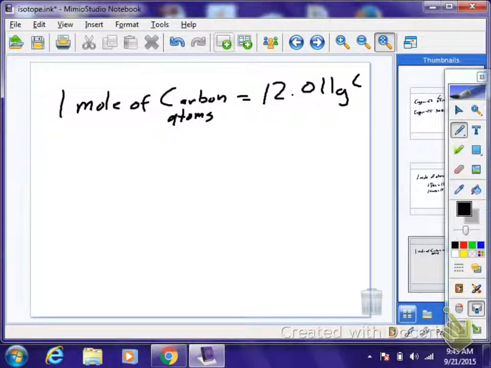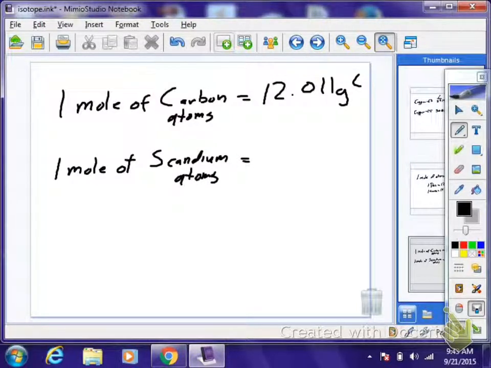So we did our thing with the beans, and we said an average weight of a bean was like 0.29 something, and then that allowed us to figure out the count. All right, so let me give you another one. You guys tell me what you think it's going to be. So 1 mole of scandium atoms. How much would it weigh?